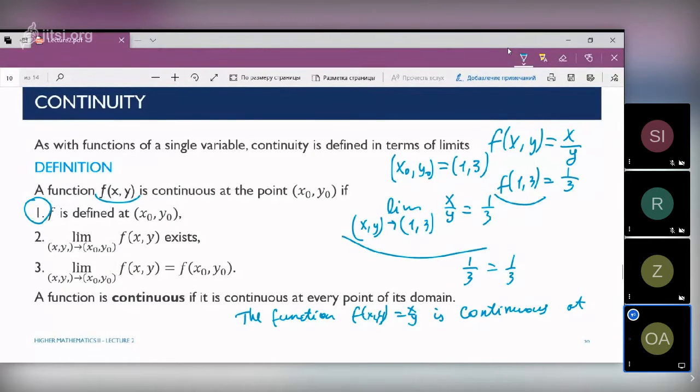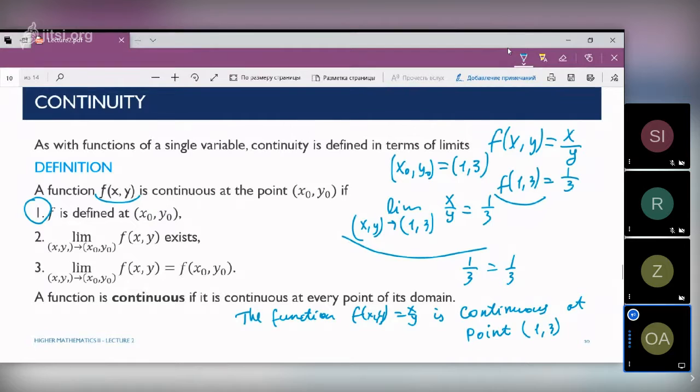Let me write the word point also: at point (1,3). If you have similar questions or exercises in the book or in the homework assignment, to check the function for continuity at a point, you have to check like this, step by step, and write the answer in this way.